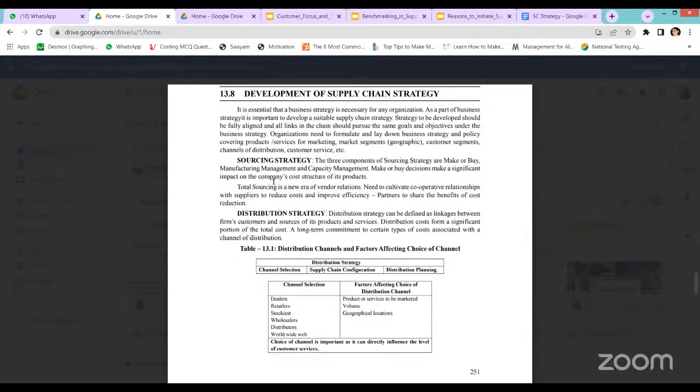Because it involves a huge cost, and as we discussed in the previous topic, transportation is the highest cost in the supply chain process. So distribution cost forms a significant portion of the total cost of the organization. This strategy will help the organization to reduce certain costs through a long-term commitment.